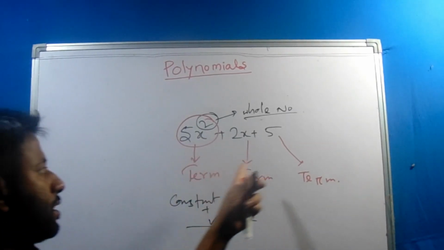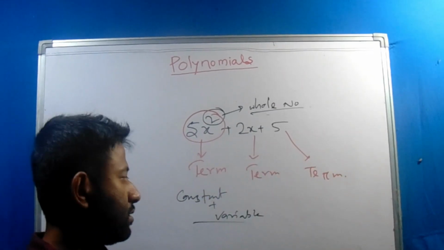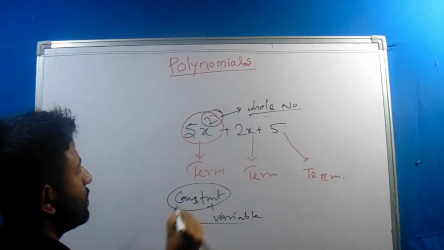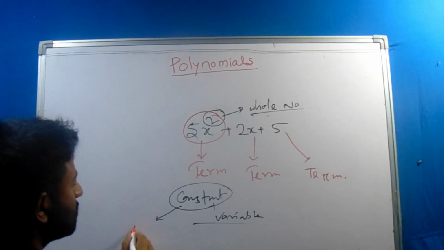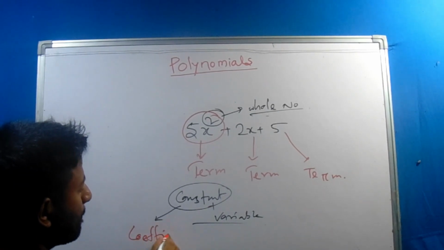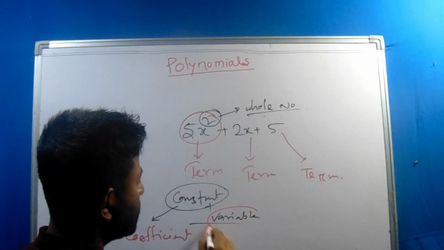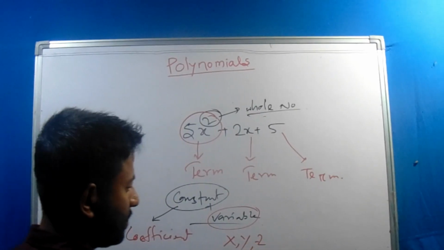Okay, so this equation consists of three terms: term 1, term 2 and term 3. And the first one, this constant part, is known as the coefficient. And whatever this one is, it is a variable. It may be x, it may be y, it may be z, whatever.